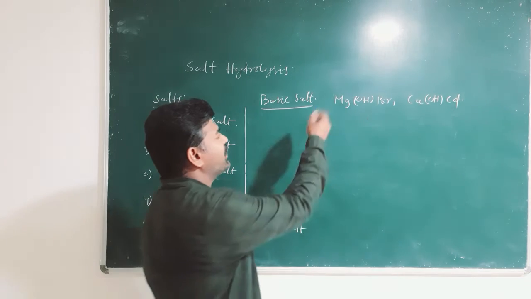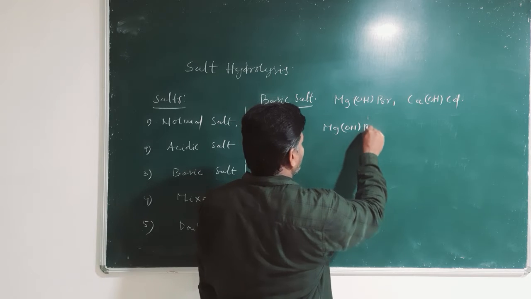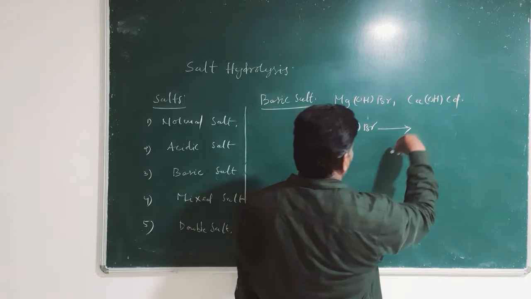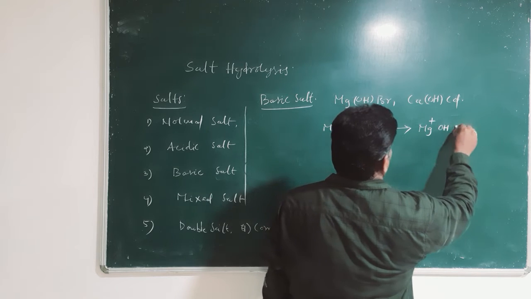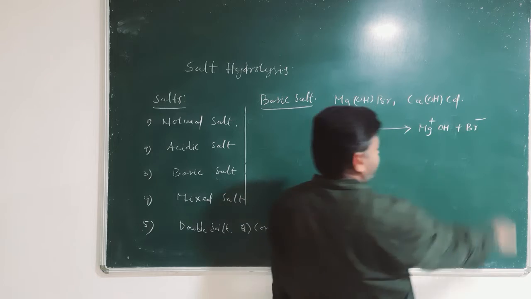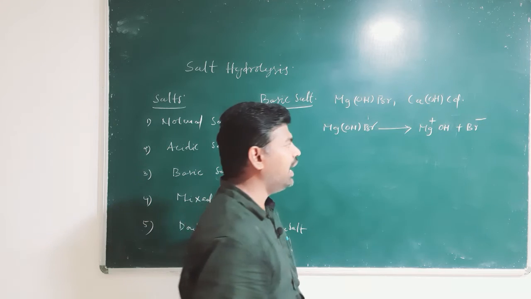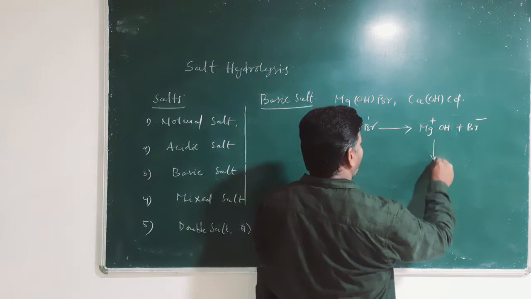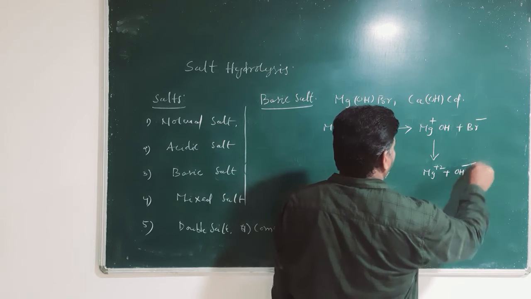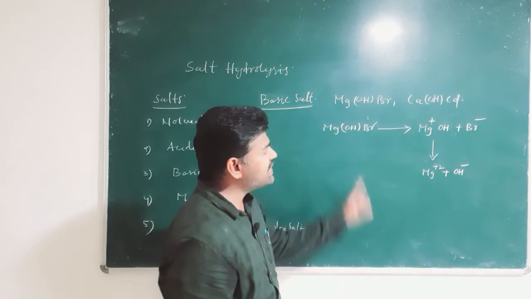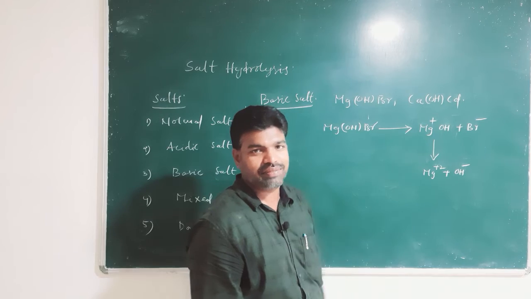For example, if you take Mg(OH)Br, on its first ionization it releases Mg plus, OH plus, Br minus, and in the second ionization it forms Mg 2 plus and OH minus ions. So in the second ionization it releases OH minus ions.